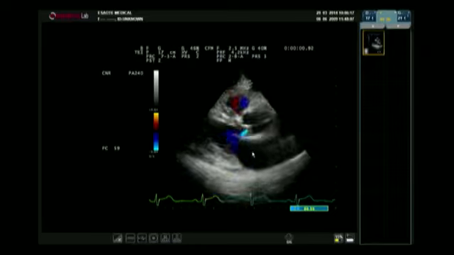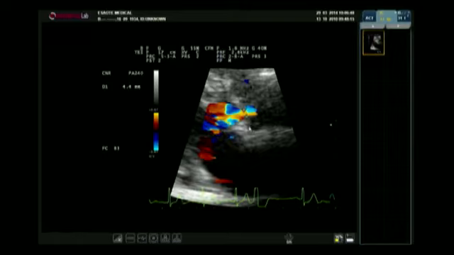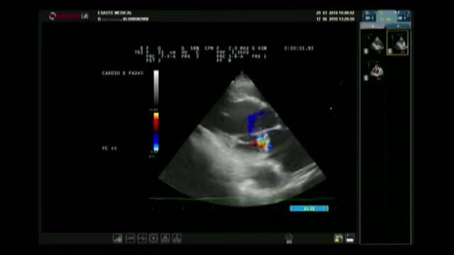Then you have to evaluate color Doppler, and in case you have doubts, especially in moderate regurgitation, you can quickly measure the vena contracta. Of course, check also the mitral valve. That can be a very common cause for acute symptoms.